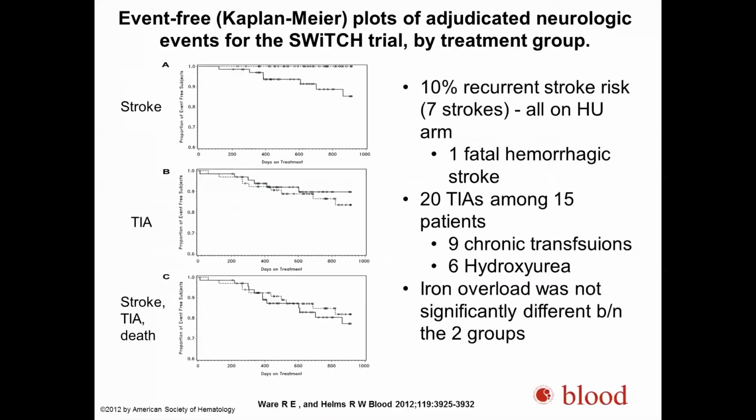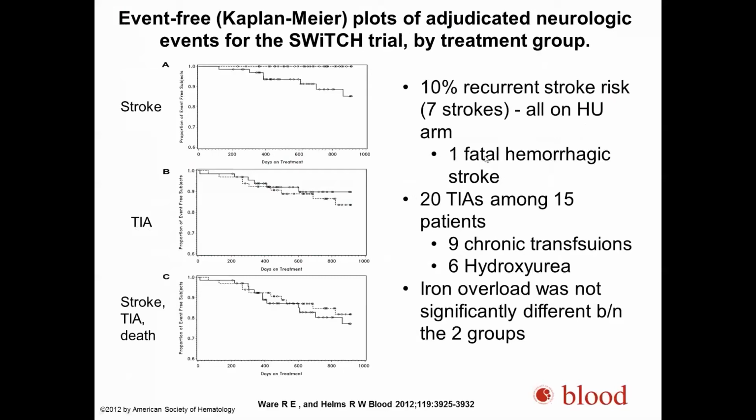And unfortunately, the bottom line was that hydroxyurea is not as effective in preventing strokes, and something called TIA, a transient ischemic attack, which is kind of like a mini stroke where the symptoms go away, but there was still injury to the brain.